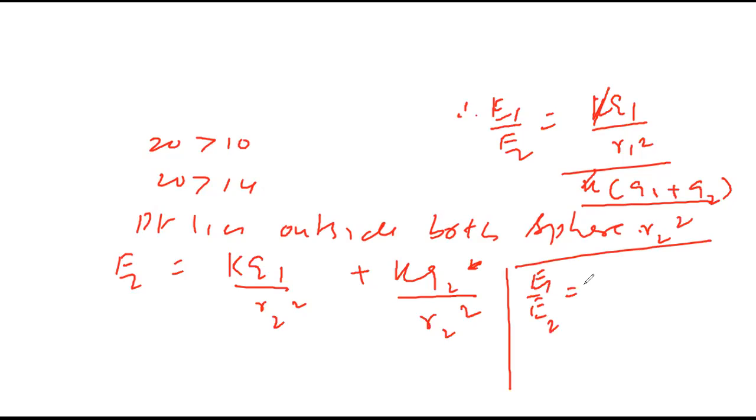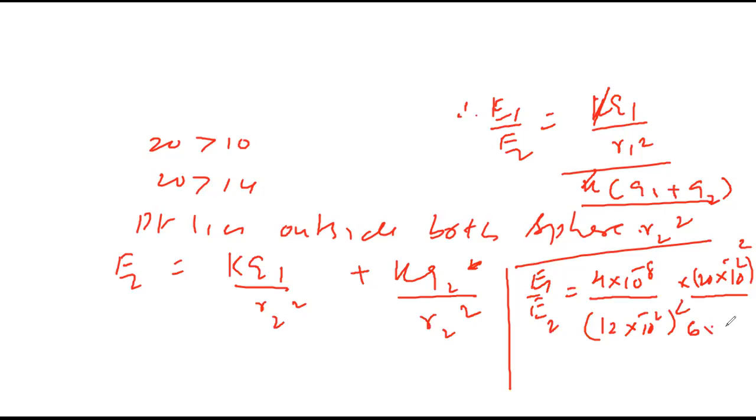Q1 is given, 4 into 10 raised to minus 8, upon Q1 plus Q2. R1 square will be 12 into 10 raised to minus 2 square. This is 20 into 10 raised to minus 2 square upon Q1 plus Q2. Q1 plus Q2 is 4 plus 2, 6 into 10 raised to minus 2.